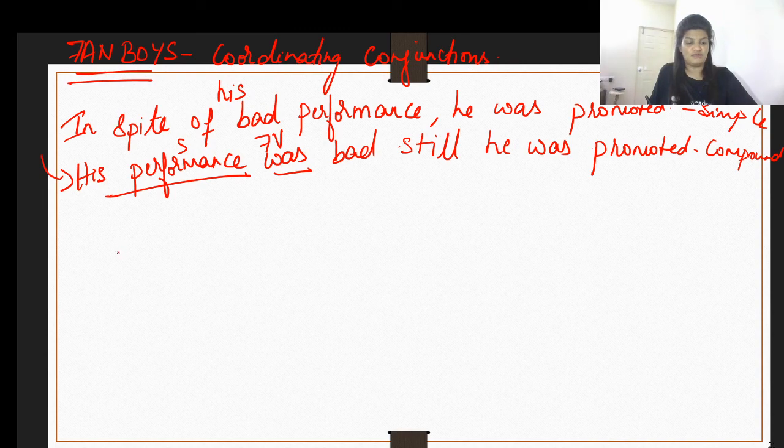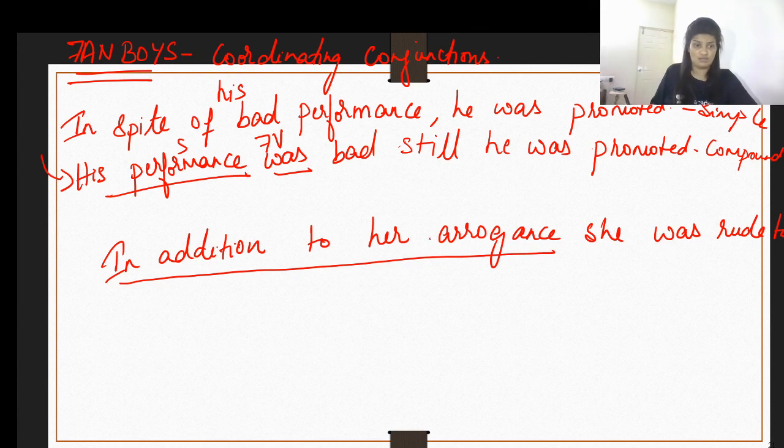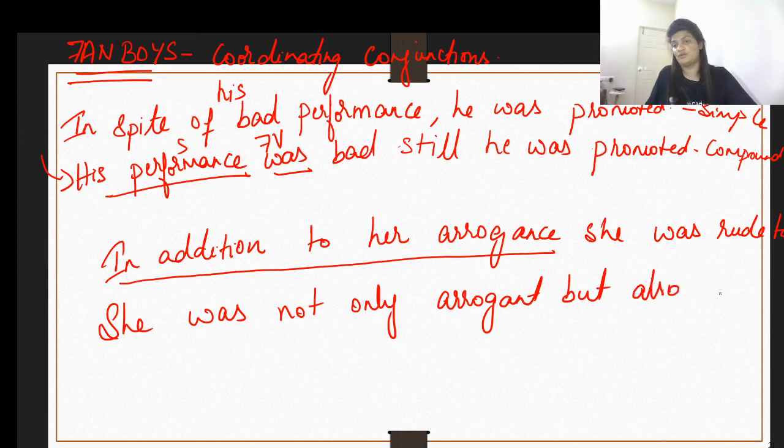Now let us move on to another example, which is in addition to her arrogance, she was rude too. Now we got to convert this phrase into a clause by introducing the subject and the conjunction. So we are going to do it like this. She was not only arrogant, but also rude.